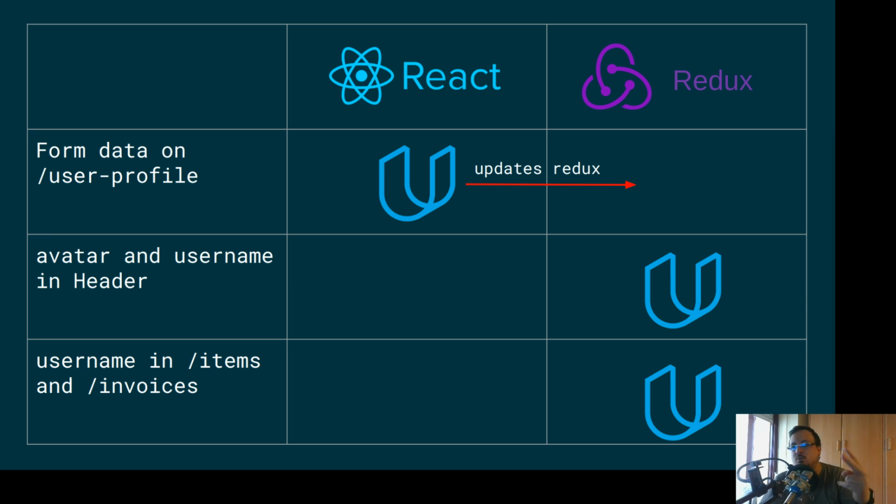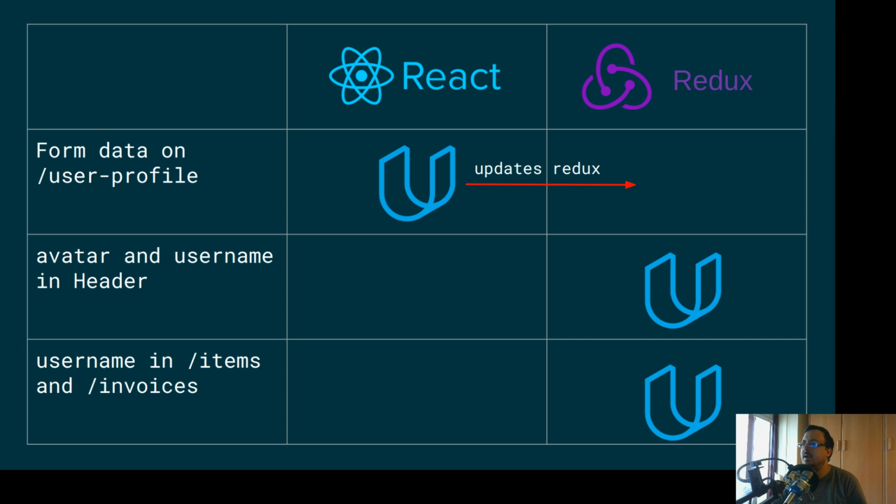But the avatar and username in the header, or the username in items and invoices, should go in Redux, because every time we go to the front, we want to update that data. In the Redux example here, even if it lives in React, we need to update Redux state with the new data we want to use.